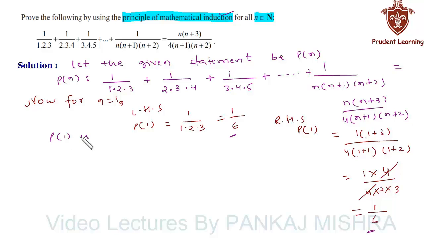Here P1 is true for the given statement, which will lead us to our next step, that is the assumption step, where we'll assume that P of k is true for some positive integer k.